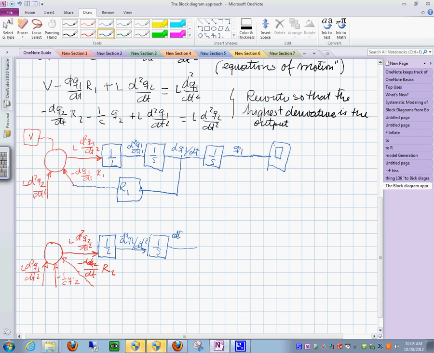The dq sub 2 dt like this, and then I do also one integration more, and what do I obtain over here? I think right here I obtain my q sub 2, right?